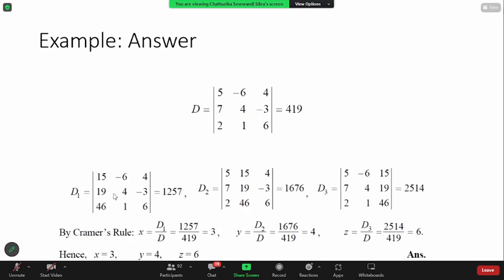Then D1 is 1257, D2 is 1676, D3 is 2540. Whenever you divide by D to find x, y, and z, you will get x equal to 3, 4, and 6. So you can check by yourself.